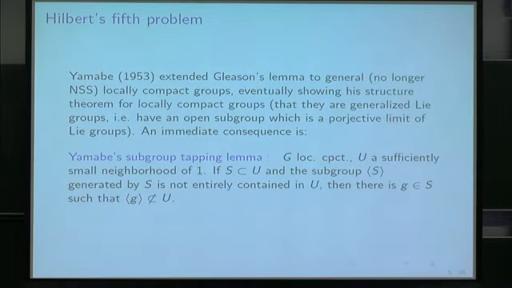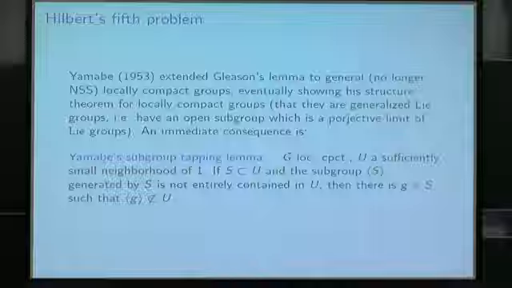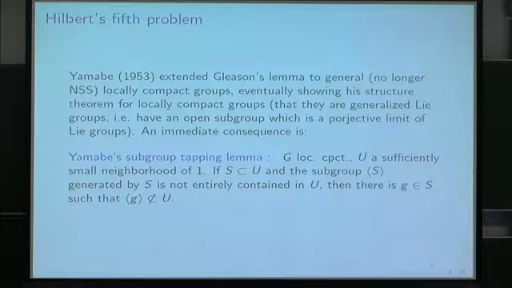This means that if you are not entirely contained in U, so if you escape U, then in fact the group generated by all the elements G in S — it's a subgroup trapping property — then there is a G in S whose cyclic subgroup escapes U. In other words, if you look at the group generated by all cyclic subgroups contained in U, then it's already contained in U. Okay.